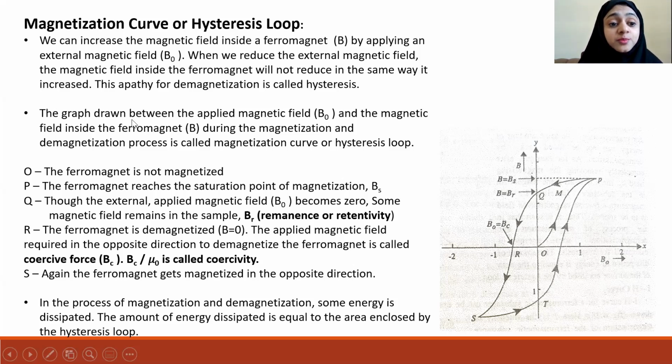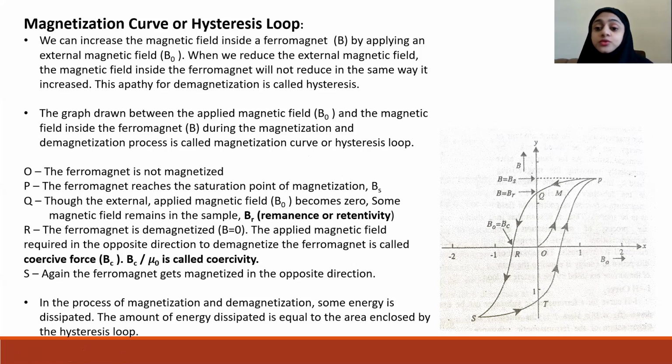The graph drawn between the applied magnetic field B naught and the magnetic field inside the ferromagnet B during the magnetization and demagnetization process is called the magnetization curve or hysteresis loop. So let us learn in detail about the magnetization and demagnetization process within a ferromagnet.